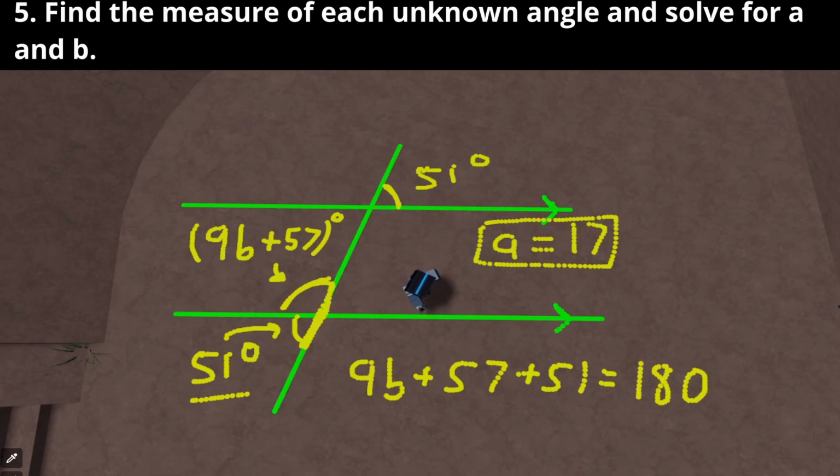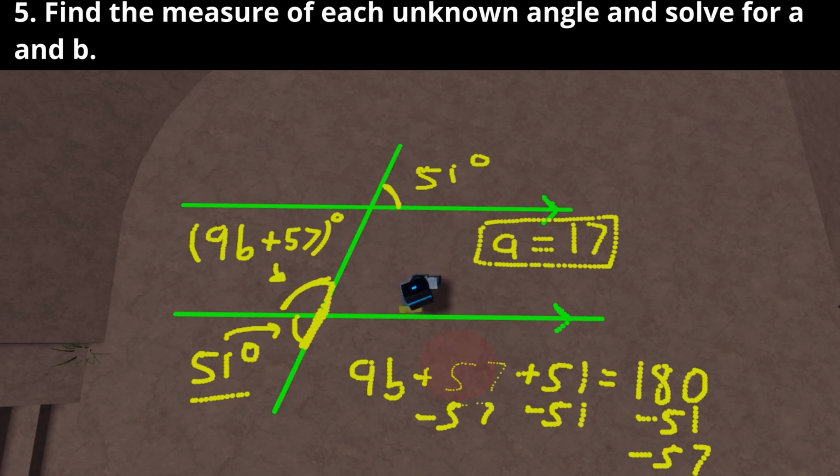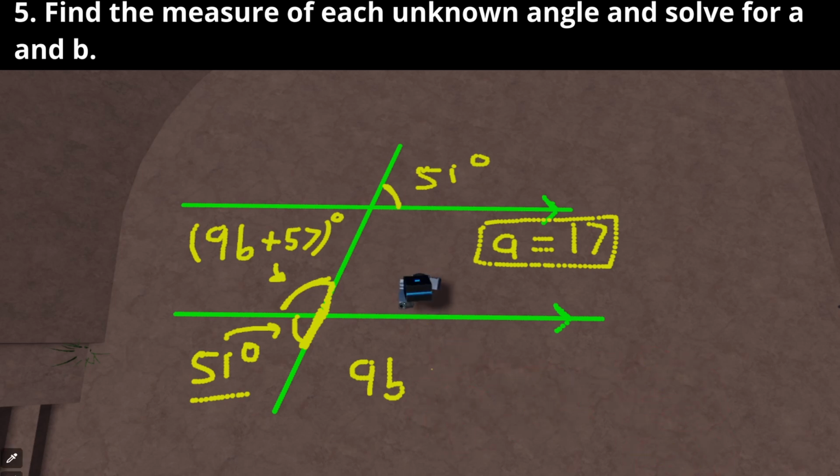So all I need to do is just subtract 51 and subtract 57 from both sides. So 180 minus 51 and minus 57. And if you do all that math, what you're going to find is that 9b is just equal to 72. And then just divide by 9. And if you do 72 divided by 9, that's just 8. So therefore, b is equal to 8.